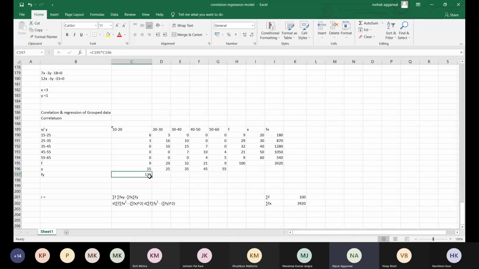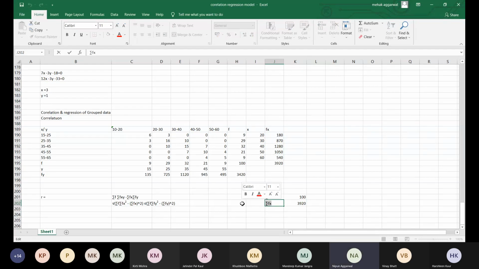So you have to calculate the summation fy for all, and the net sum is 3420. So summation of fy is 3420. Fine. So you have calculated summation fx also, summation fy also.